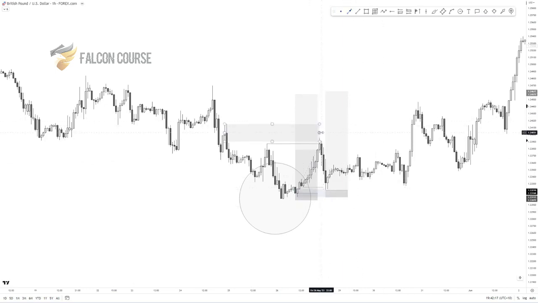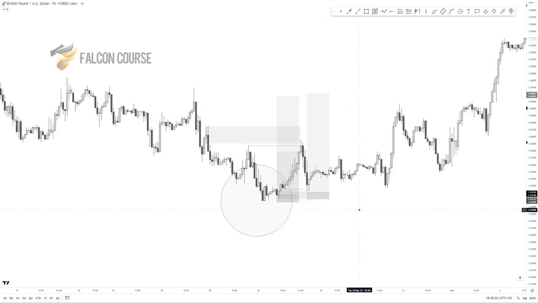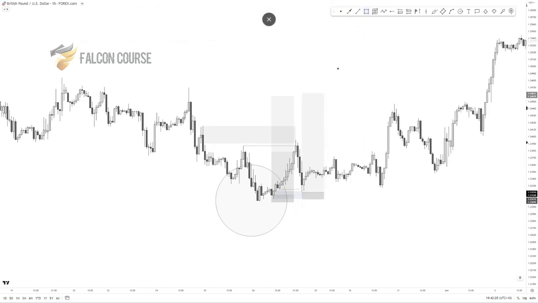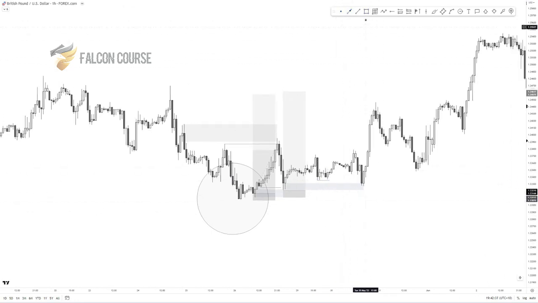So this is a valid zone, of course, but because we created that predetermined continuational structure, we're able to hold that. Once again, we took off and created it again, and we created inducement for it. So we're good to go. Now the supply level we reacted from was this one here.